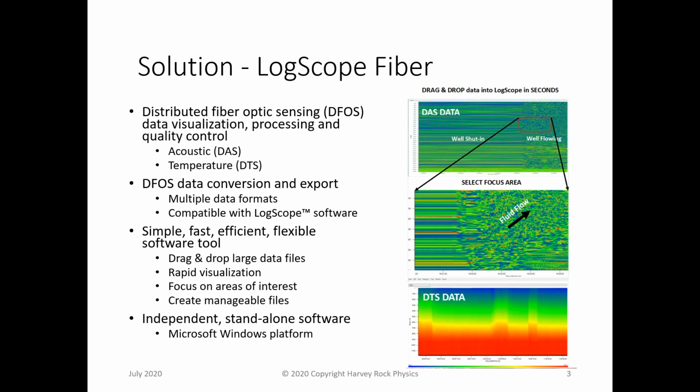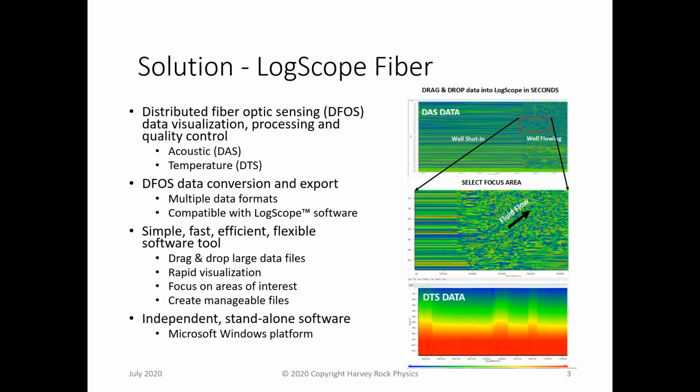Another issue is that distributed fiber optic sensing data can come in various formats. It can come in native formats from data acquisition systems, in standard formats like HDF5, and in seismic data formats. So there's just a lot of different formats that need to be worked with.